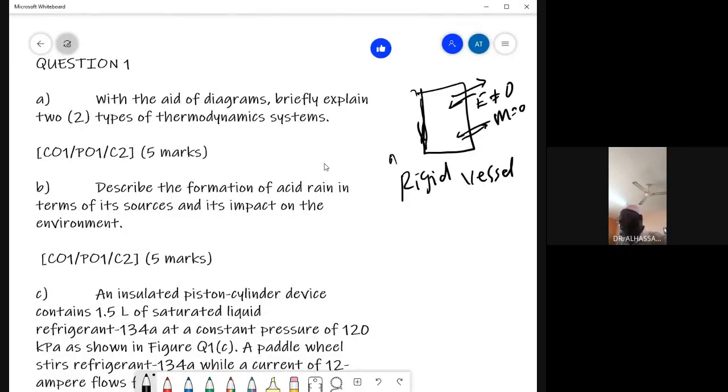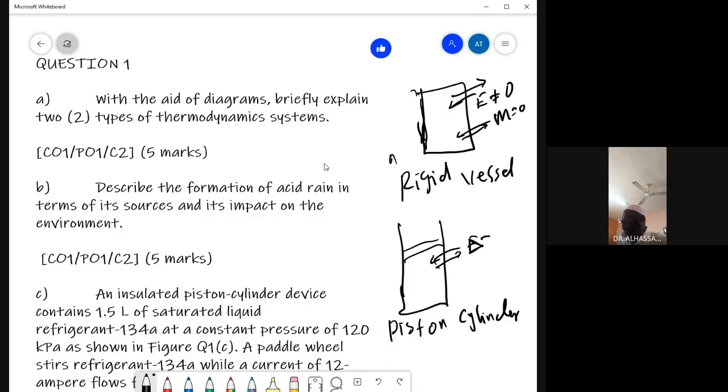Another example of a closed system is a piston cylinder arrangement. So this is piston cylinder arrangement. And same thing over here. As far as energy is concerned, energy is not equal to 0, so energy can go in and out of the system, as we have over here.